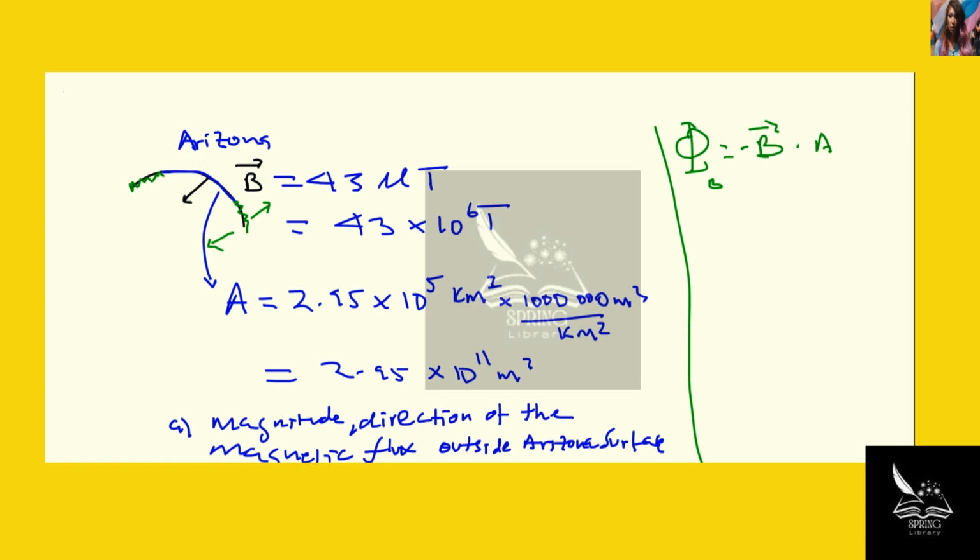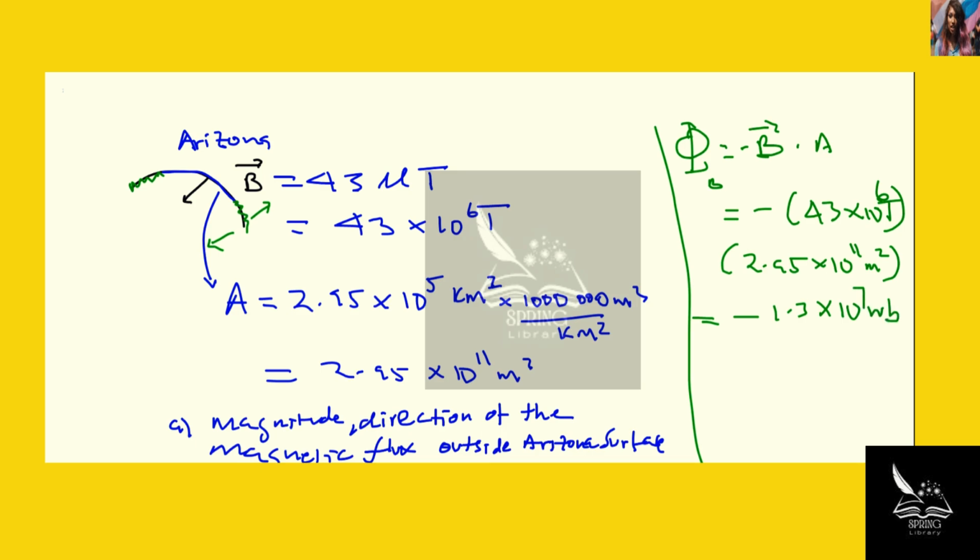So we have negative 43 times 10 to the minus 6 teslas, which is the magnetic field, times 2.95 times 10 to the 11 meters squared. This gives us a total of negative 1.3 times 10 to the 7 webers. But since our goal is to find the magnitude and direction on the rest of the surface, it's going to be the opposite of that.